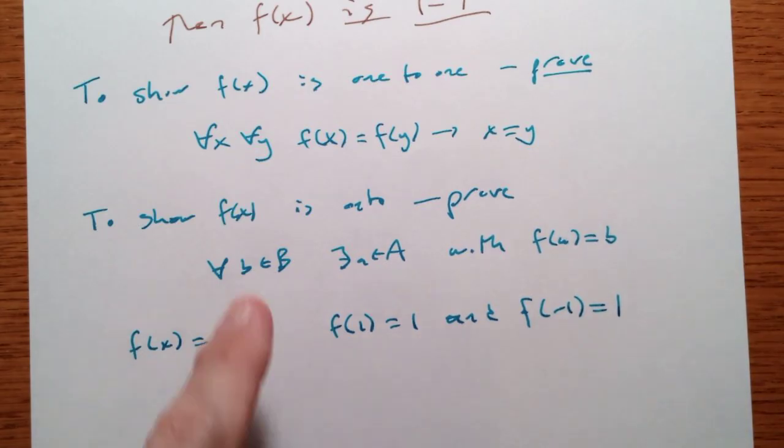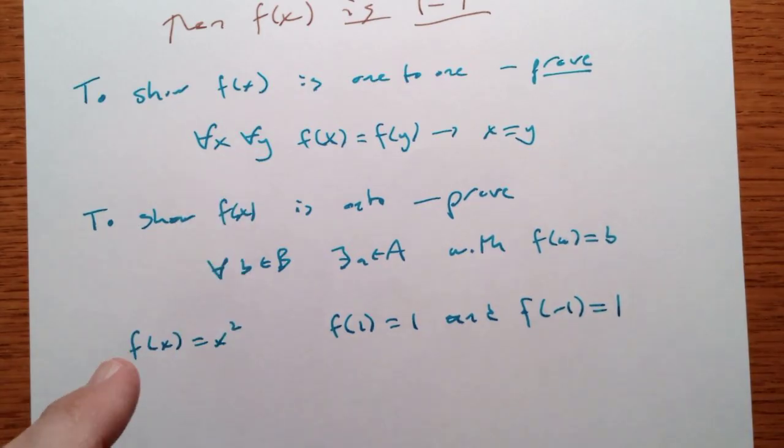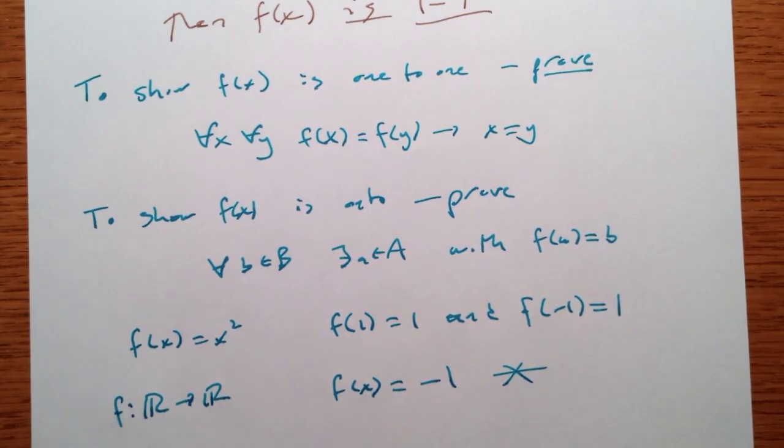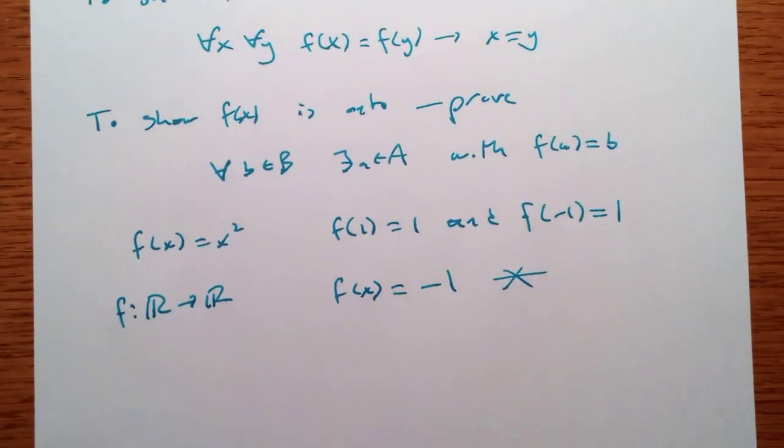Can't be one-to-one. I found a counterexample. It's also not onto because f of x equals negative 1 has no solutions, because our function was going from real numbers to real numbers. If I do complex numbers, then this has a solution, but that's not what the function said. Questions?